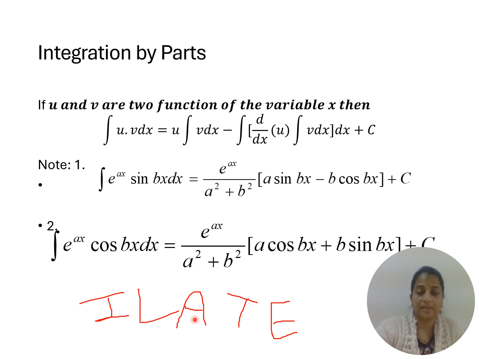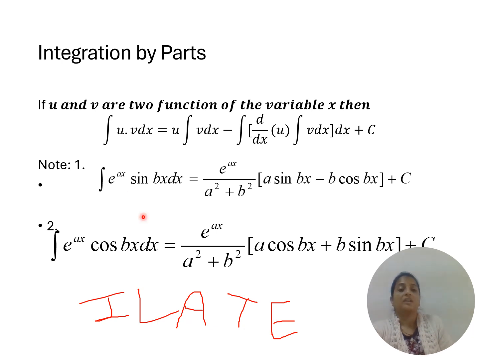A means algebraic function, like 1 plus x square, x cube plus 3. T means trigonometric function, like sin x, cos x, tan x. E means exponential function, like e to the power x and a to the power x.